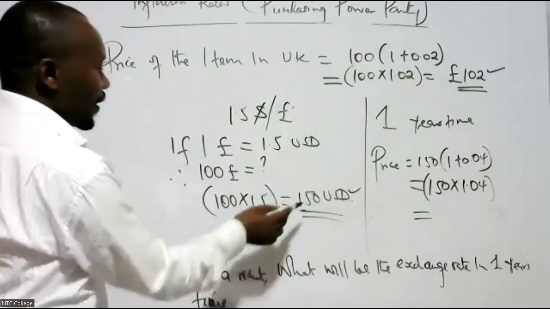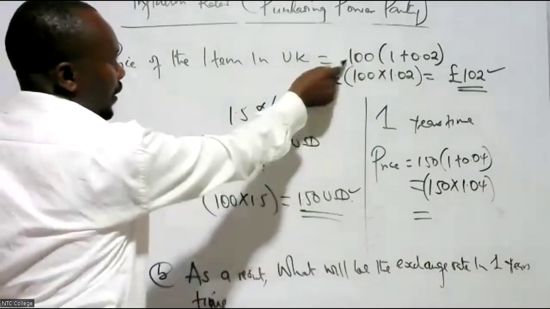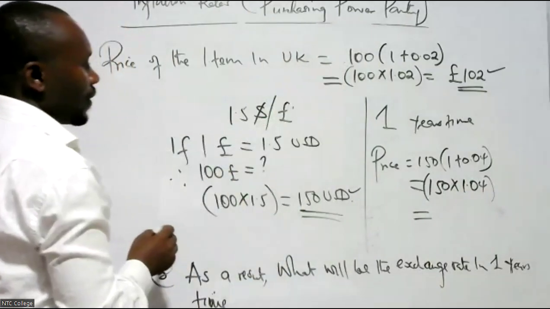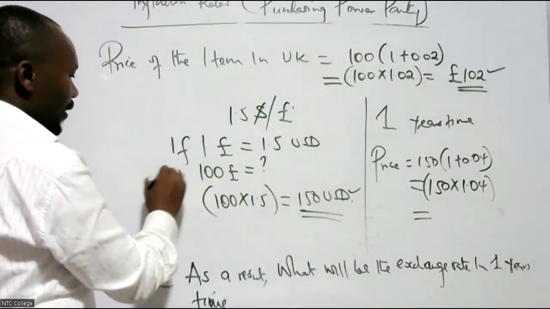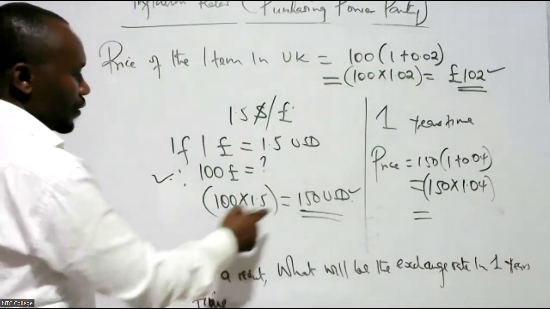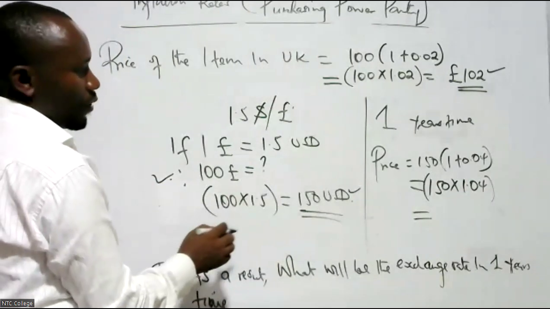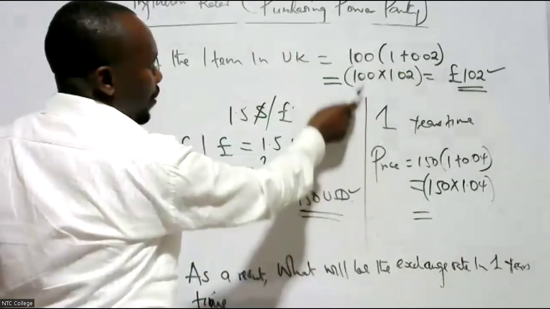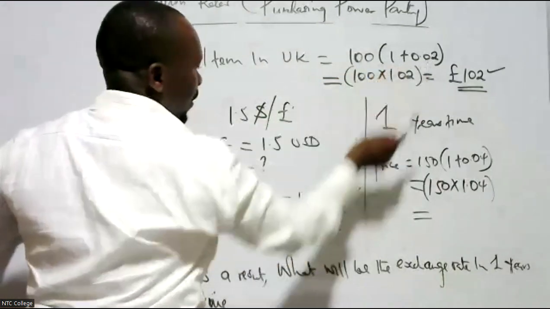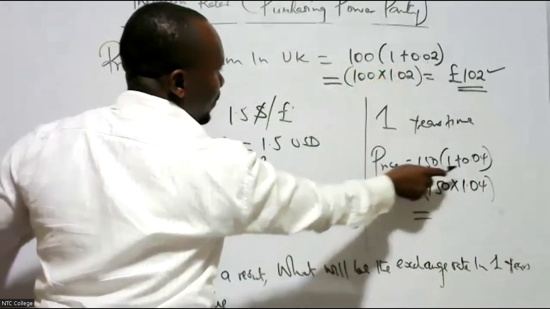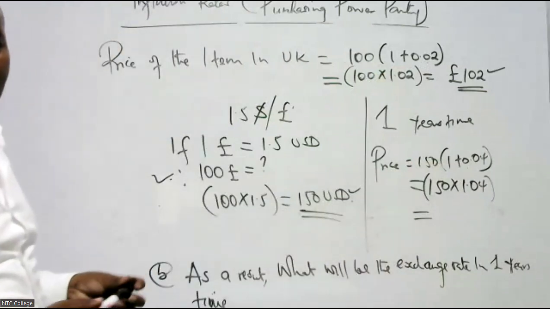This is the current rate, 100 against 150. When the item is now 100 pounds, it is equivalent to $150. In 1 year's time, you include now the inflation effect. Just the way we calculated this times the inflation, you also have now the US dollars times the inflation. What do you get there as the answer?